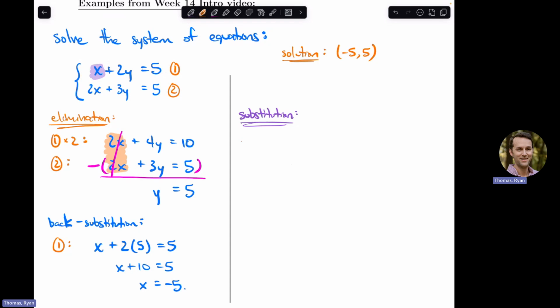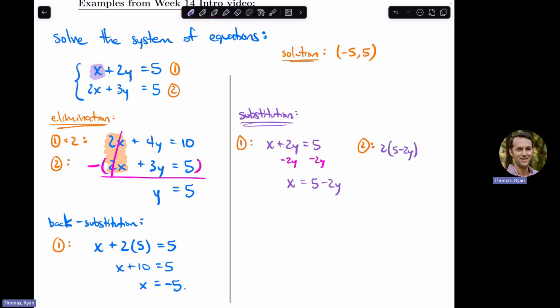If I take that first equation and subtract 2y from both sides, I get that x is 5 minus 2y. And if x is 5 minus 2y, then equation number 2 becomes 2 times 5 minus 2y.